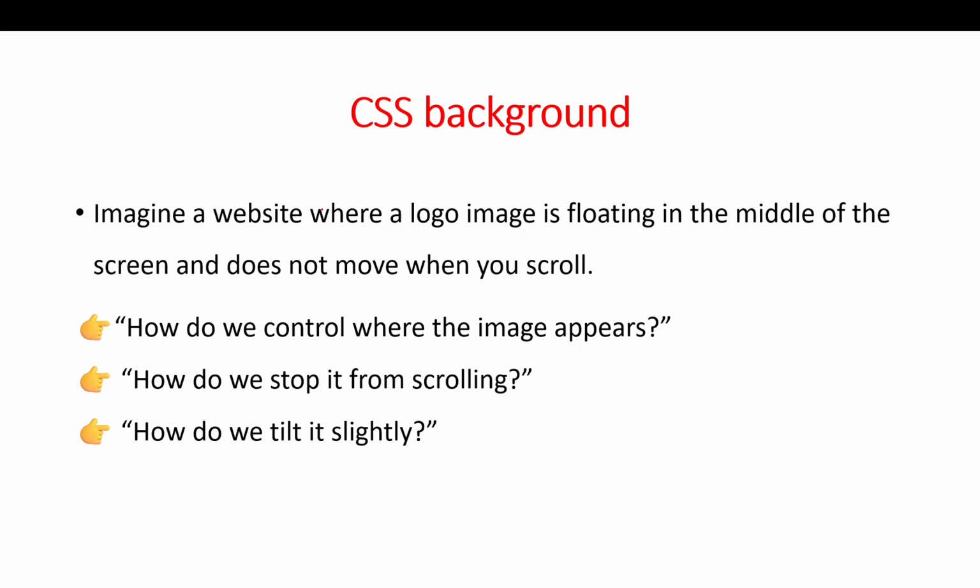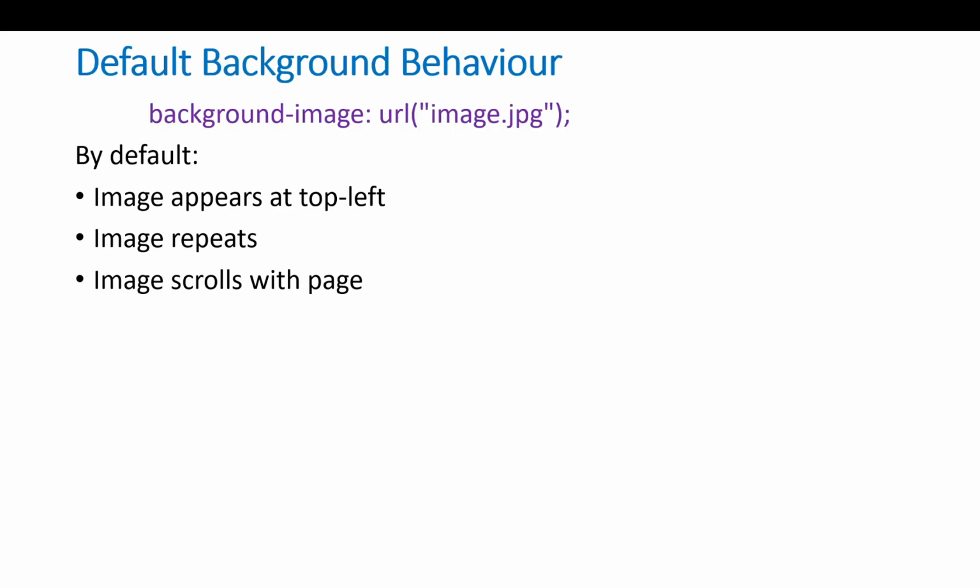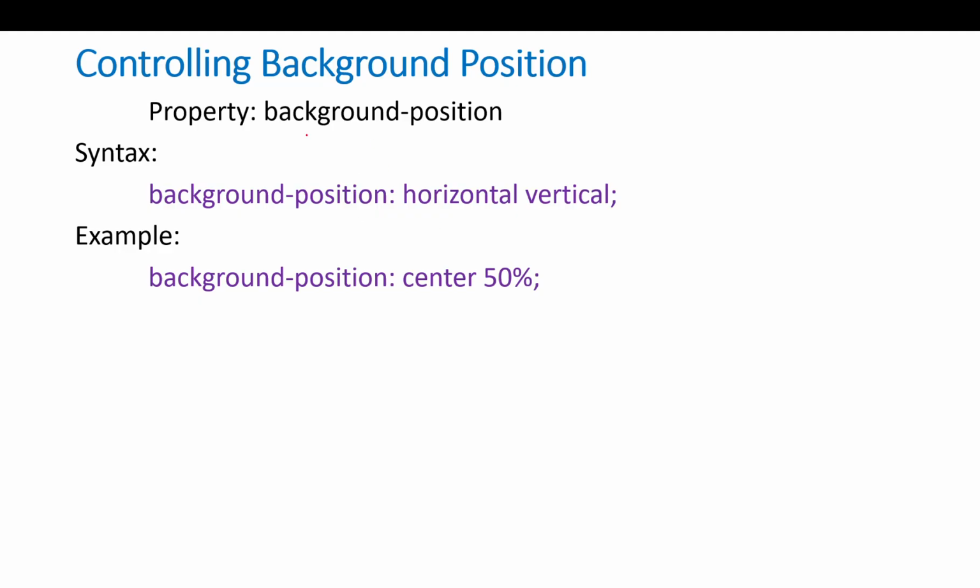Background properties help control how web page backgrounds appear. We can set background color, image, position, repeat behavior, and attachment. We can use the background-position property to determine where an image appears.